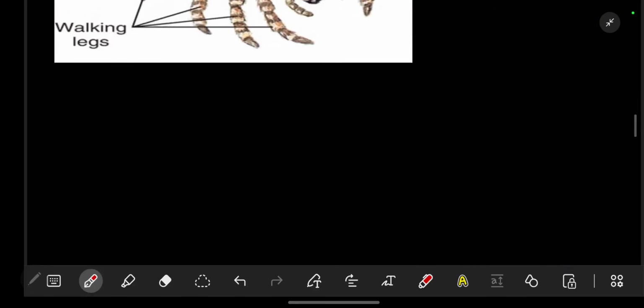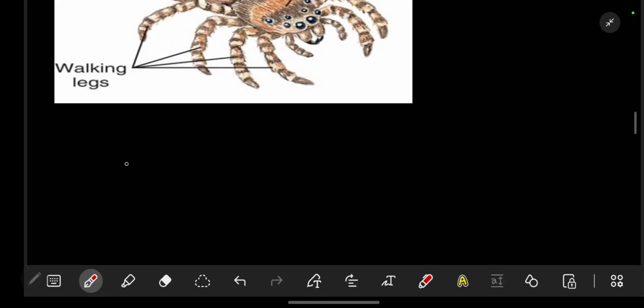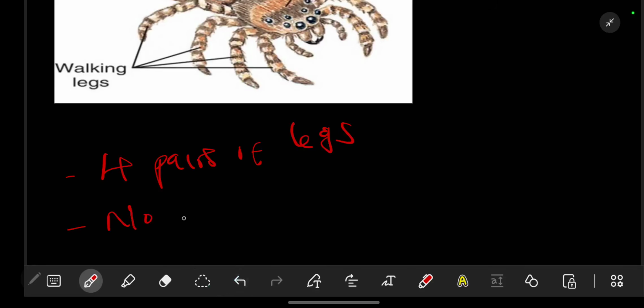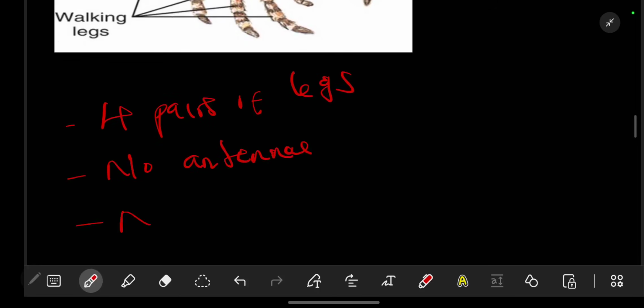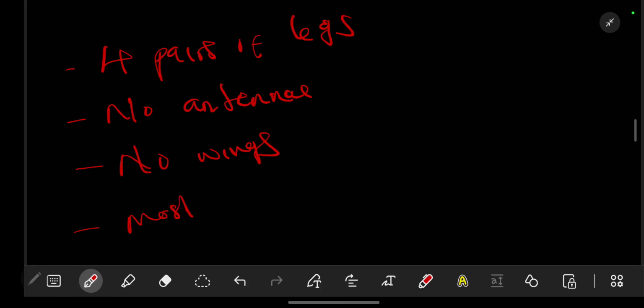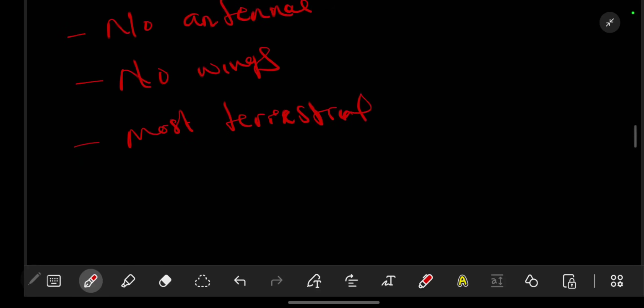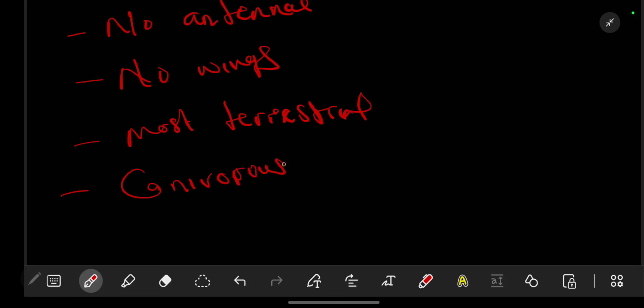So the characteristics that we have talked about are that they have 4 pairs of legs, no antennas, no wings, they are mostly terrestrial, and they are mostly carnivorous or parasitic.